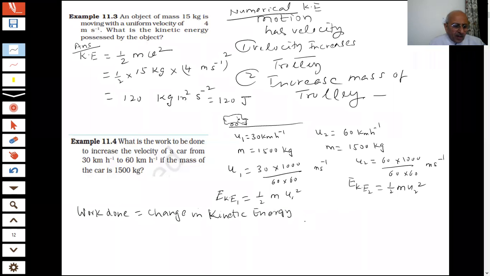What will that be? Kinetic energy 2 minus kinetic energy 1. So find out this value, which is the work done. Find this value, students.